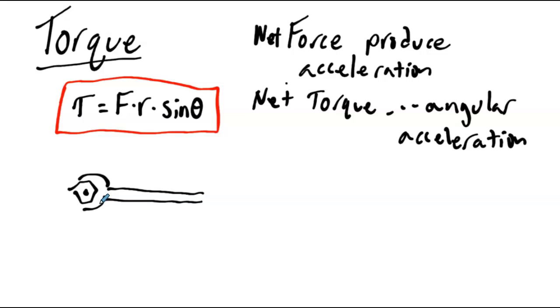So as you can imagine, if I have this little wrench and I'm applying a rotating force, the reason why we haven't had to deal with this before is because normally we've assumed that all of our forces were being applied directly in line with our center of rotation.